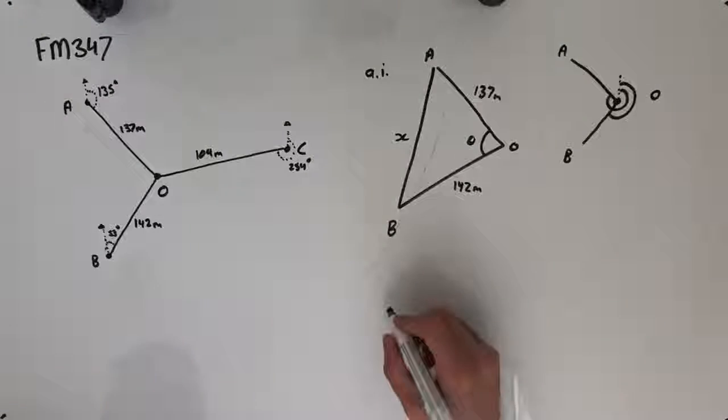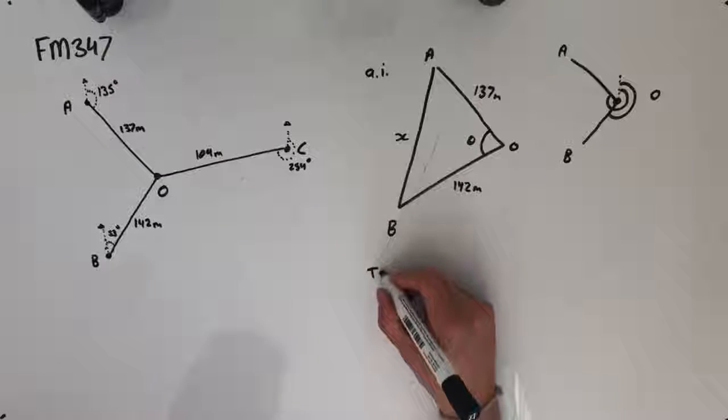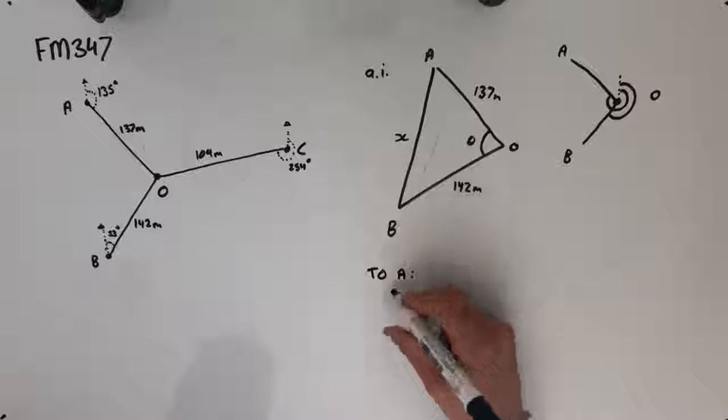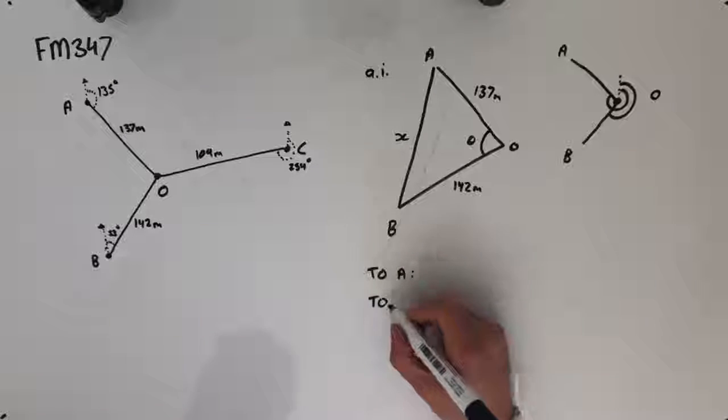So we're going to figure out what the bearing is to A, and then we're going to find out what the bearing is to B.